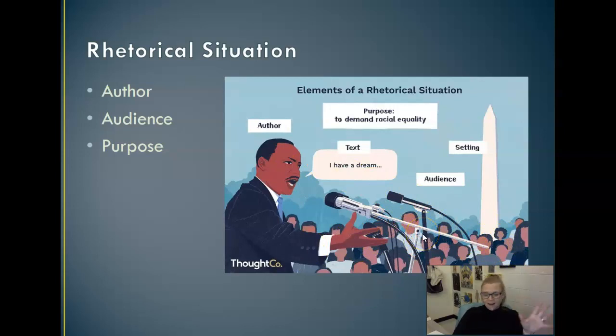Obviously we could pick through that and say there's more to it, but right now we're just saying that. The purpose was to demand racial equality. So we have our author, our audience, and our purpose. I definitely think we could analyze our audience a little bit more, but I'll save that for later.